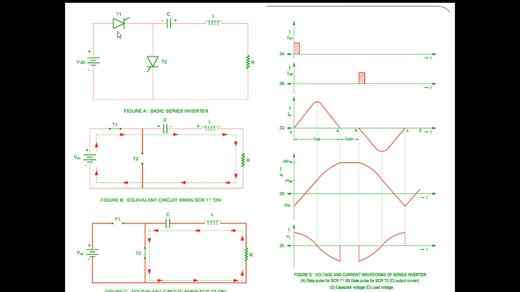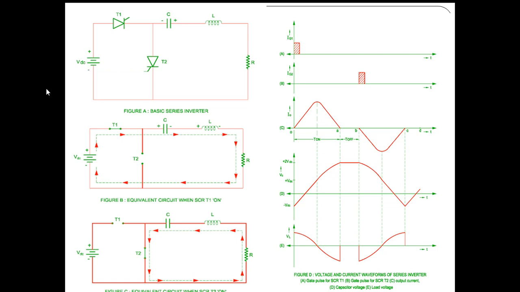This is the thyristor T1. This is thyristor T2, and these are the commutating components C and L. These are connected permanently in series with the load R. And here we are connecting a DC supply source.